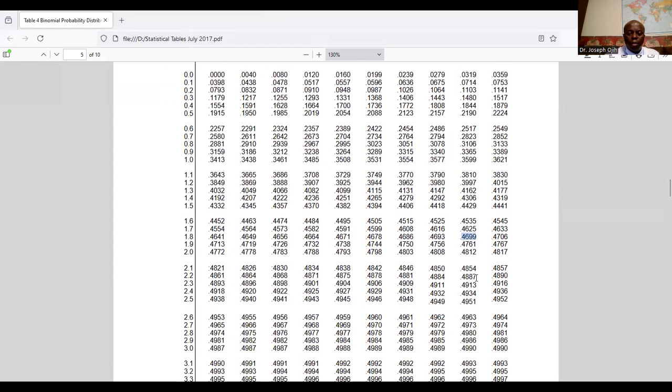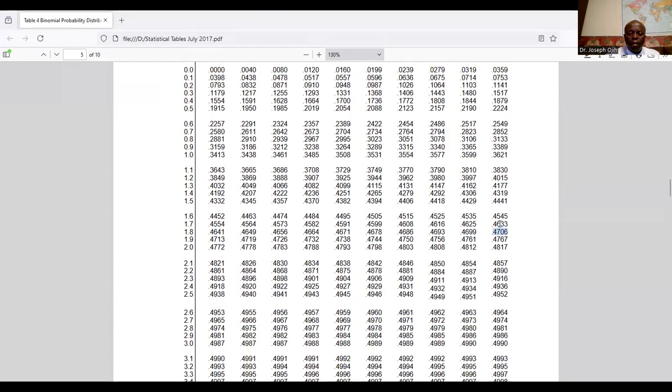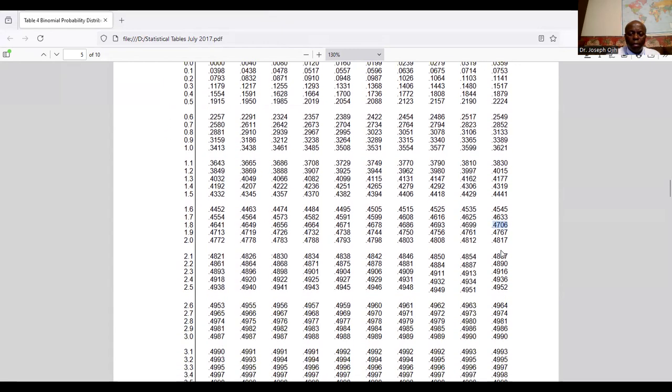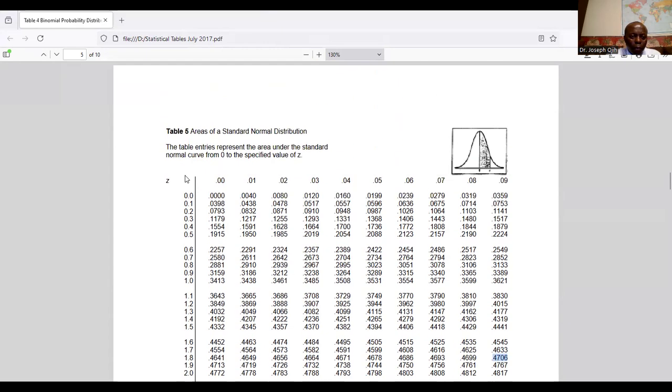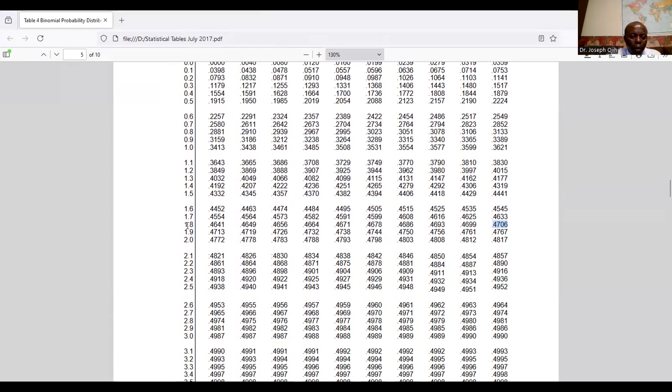This is under 8, this is under 9 right here. You follow it, you see 1.8 for Z, go under 9: 0.4706. Now, since it's at the tail, you have to subtract it from 0.5.